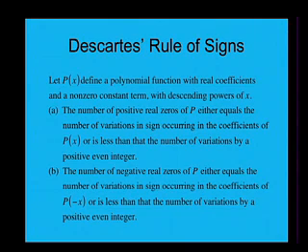The number of positive real zeros of p either equals the number of variations in sign occurring in the coefficients of p of x, or is less than that number of variations by a positive even integer. Part B, the number of negative real zeros of p either equals the number of variations in sign occurring in the coefficients of p of -x, or is less than that number of variations by a positive even integer.